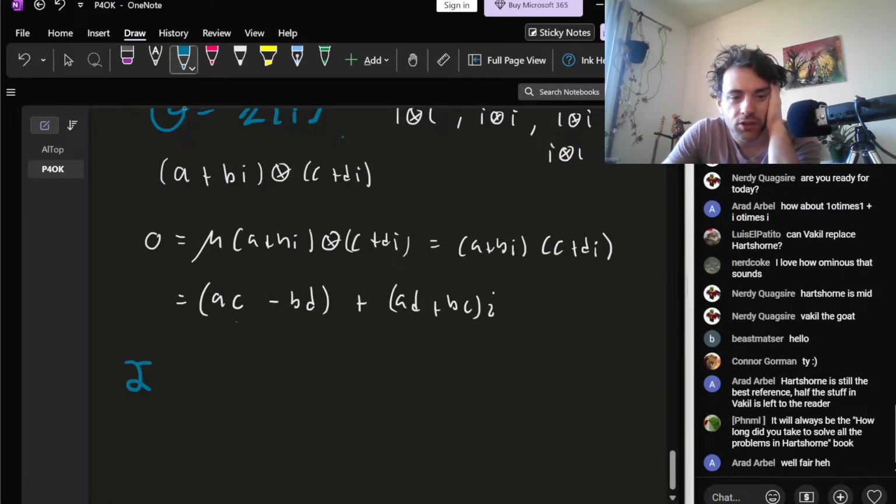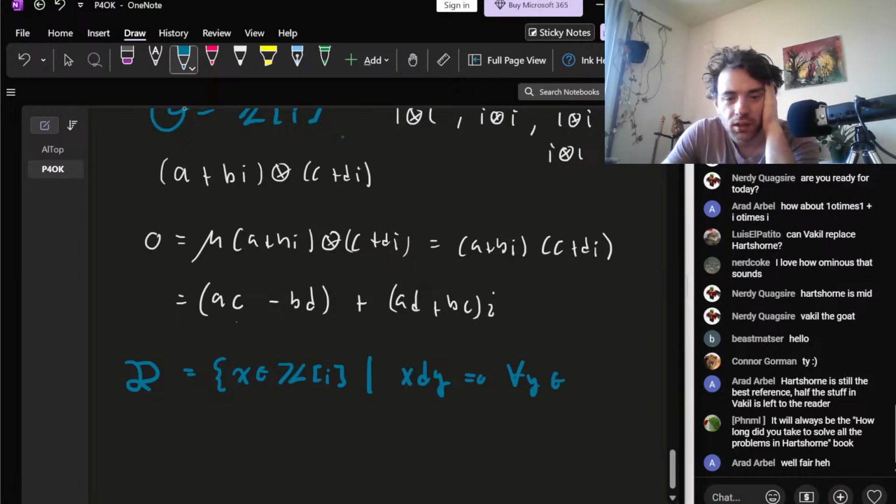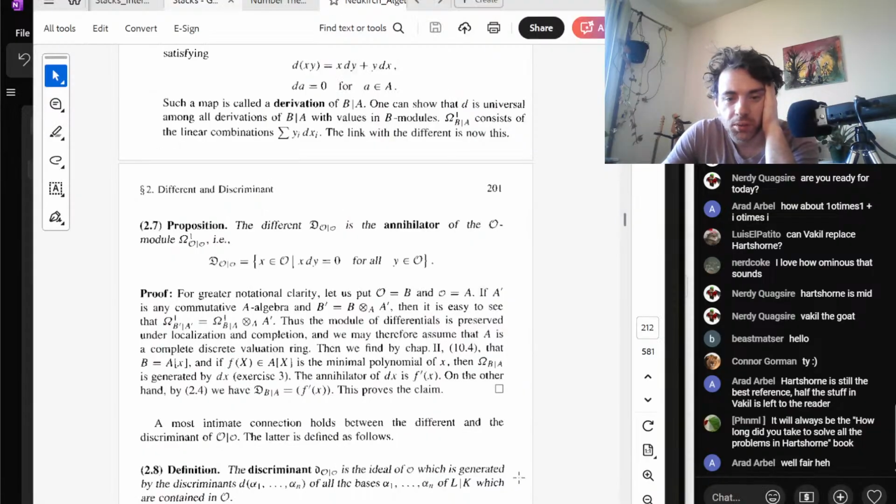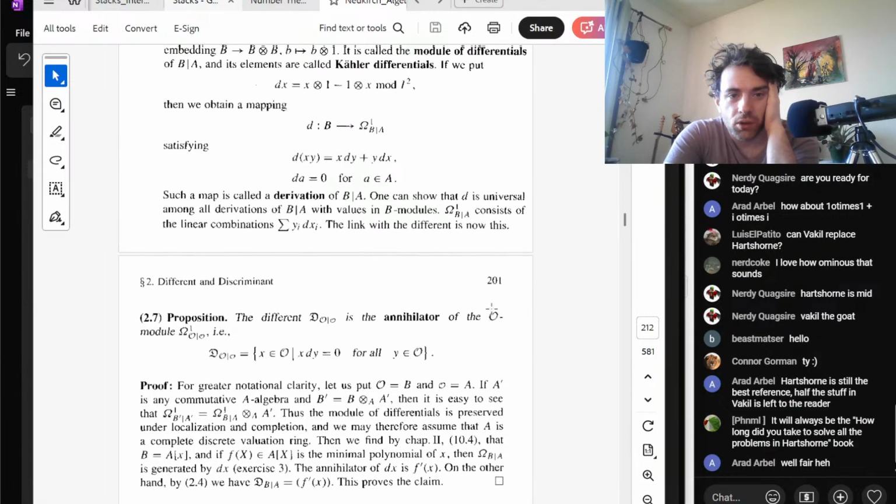The different, this is going to be all x in Z[i] such that x dy is 0 for all y in Z[i], I believe. Did I copy things down correctly? And that's big O, right?